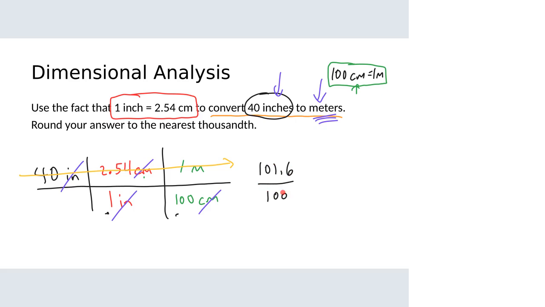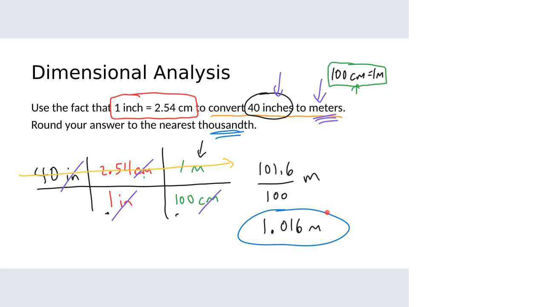The only units I have left are meters, so this is how many meters I have. The last thing I'll do is divide by that 100, and I get 1.016 meters. This problem told me to round to the nearest thousandth, and that's where it is. So 40 inches would be 1.016 meters.